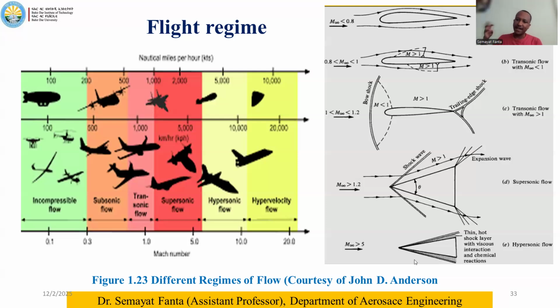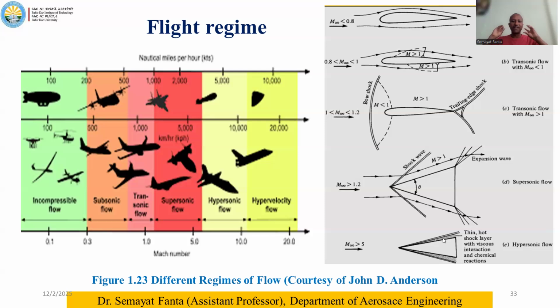So the aircraft structure must be designed for heat consideration also, not only the stress and strength considerations, but heat will also come into the picture. Because the heat produced from this attached shock wave creates high heat, and that heat will be transferred into the internal structure, and then it will collapse the structure of the aircraft.